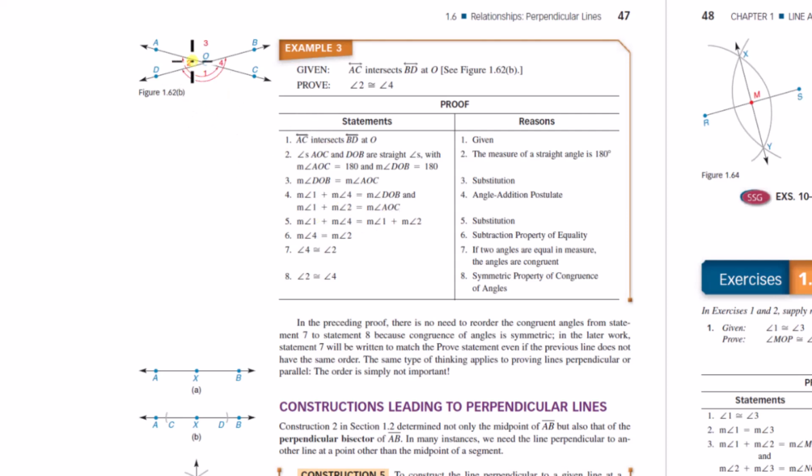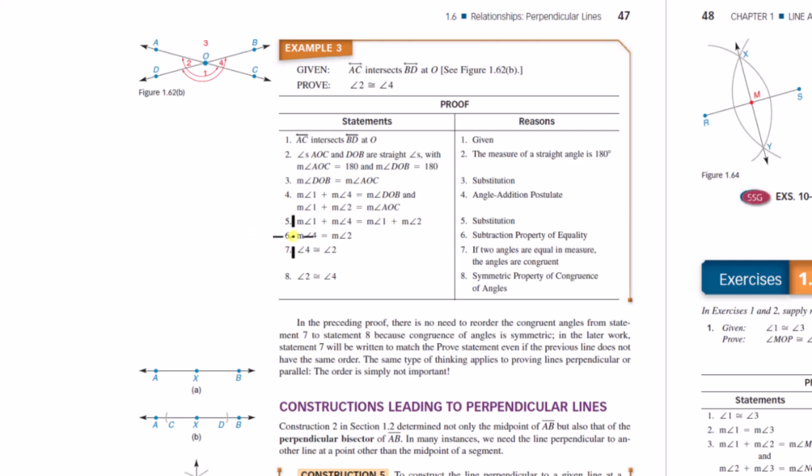Then the measure of angle 1 plus the measure of angle 4 is equal to the measure of angle 1 plus the measure of angle 2, because those are two straight angles.